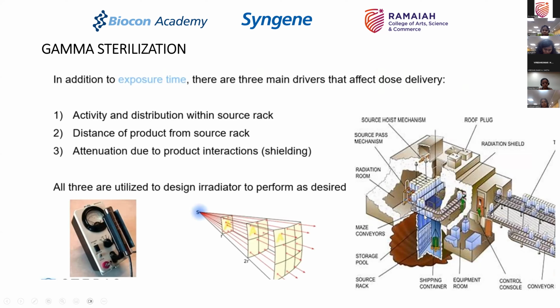And attenuation due to product interaction, because when the gamma rays are trying to go up, and if there is a product here, then obviously the gamma rays have a shorter path. They will penetrate through that, and after that, they are no longer available. So attenuation due to shielding is also important. So we need to take care of these in the design of a gamma radiation tunnel.